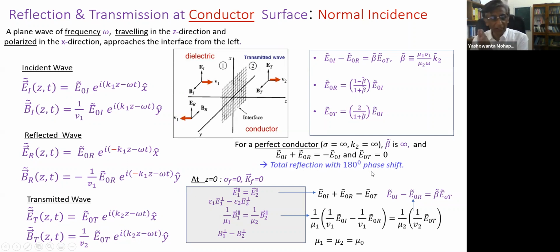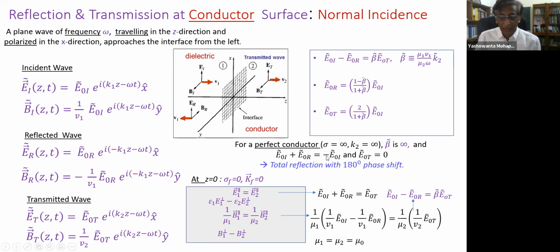So if a wave comes through a dielectric and hits a conductor, as in a mirror, it goes through the glass, travels inside the glass, and then hits the silver at the back of the mirror. If it's a perfect conductor, everything is reflected back with a 180-degree phase shift.